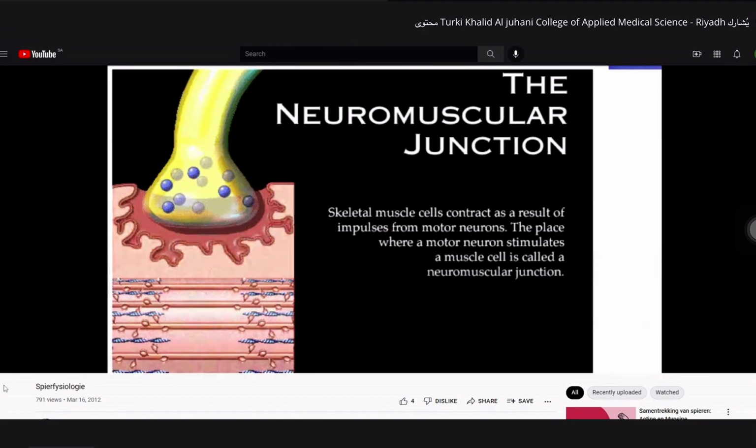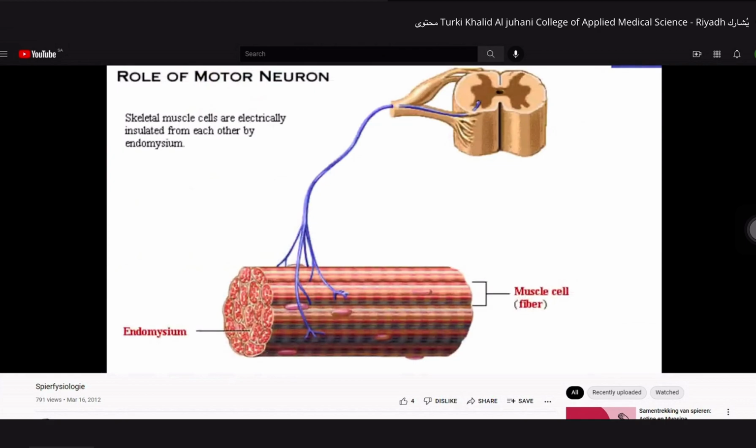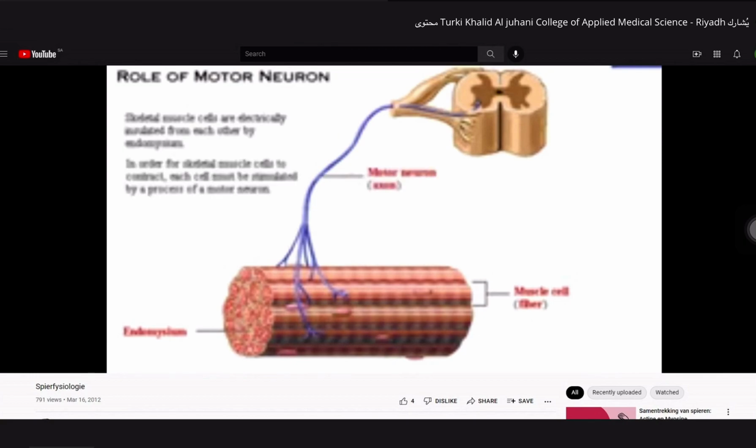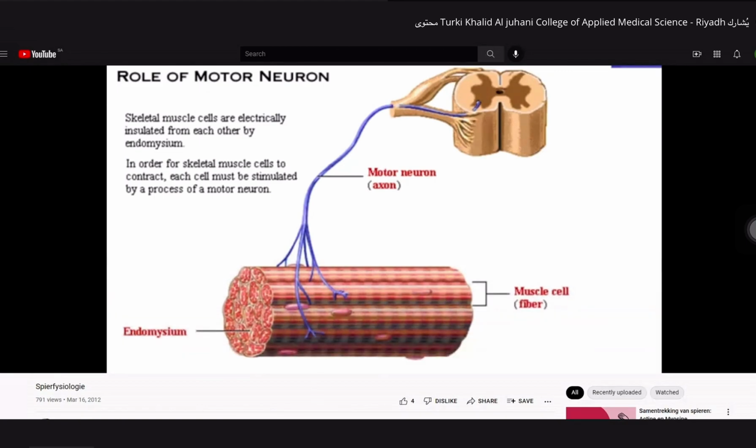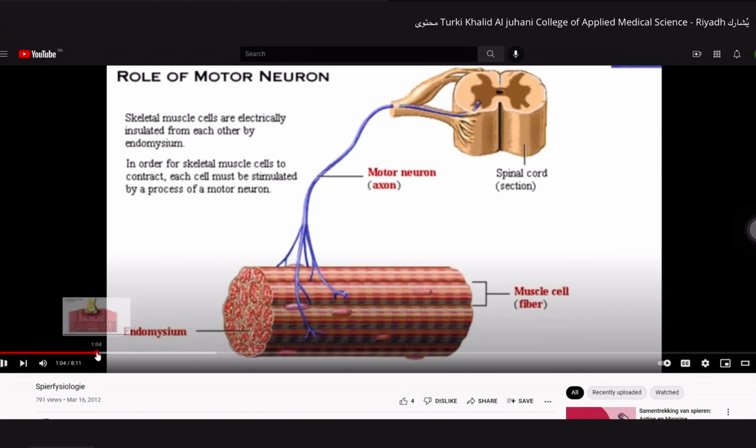Cell is called a neuromuscular junction. Skeletal muscle cells are electrically insulated from each other by endomysium. In order for skeletal muscle cells to contract, each cell must be stimulated by a process of a motor neuron. Each motor neuron is a single nerve cell extending from the brain or spinal cord to the muscle.